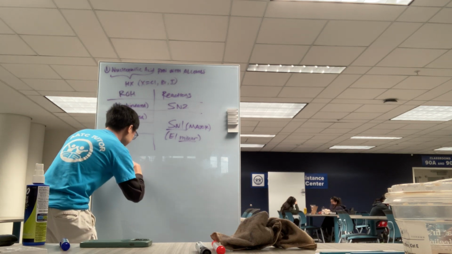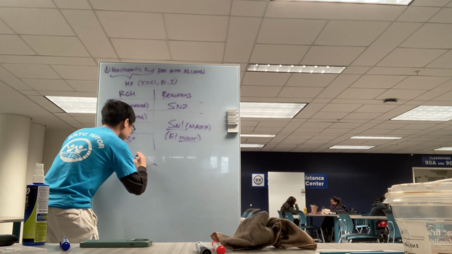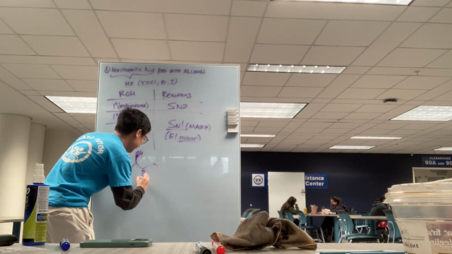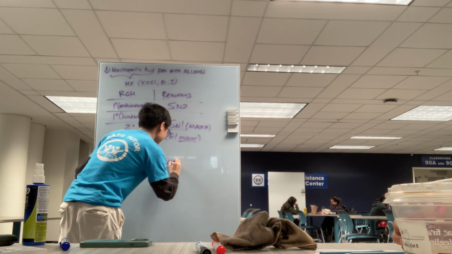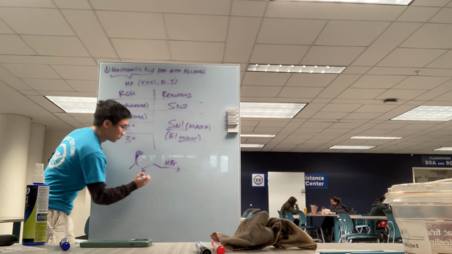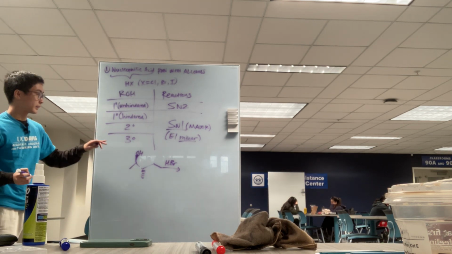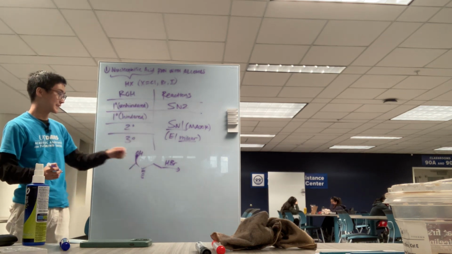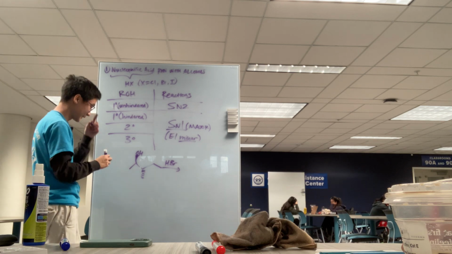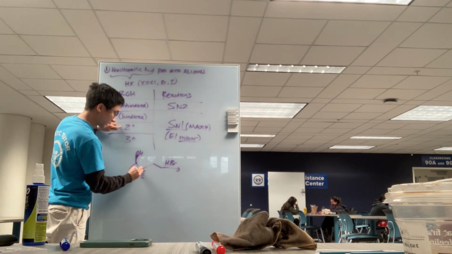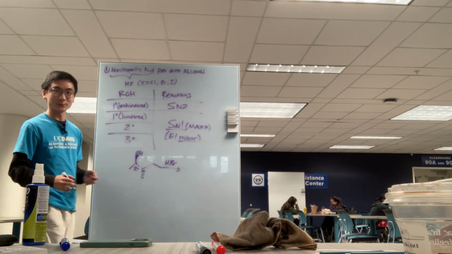Let's say we have this alcohol and we react this with HBr. Okay, so before we do the reaction, what is this alcohol reacting with this nucleophilic acid going to do? SN2 or SN1? Right. SN1, right? Because we have a secondary alcohol reacting with HBr, so it's SN1.